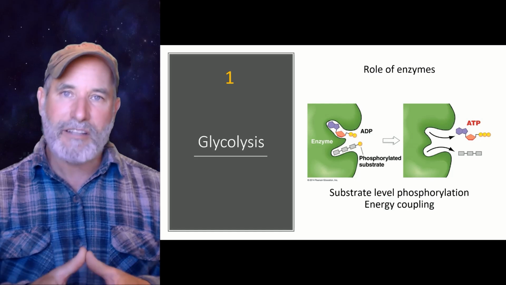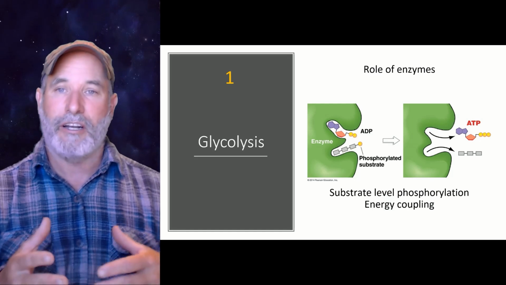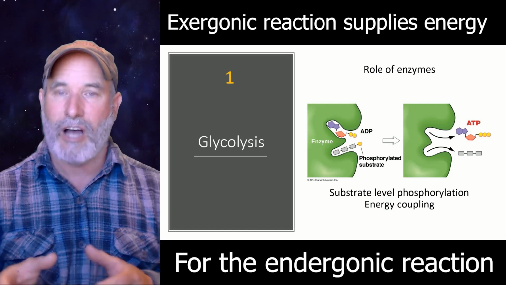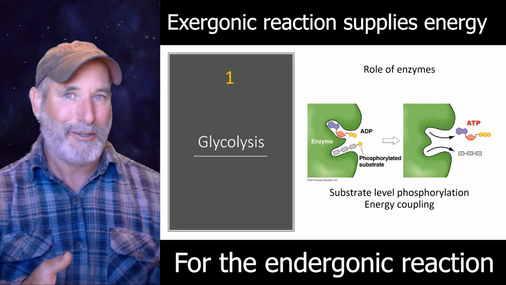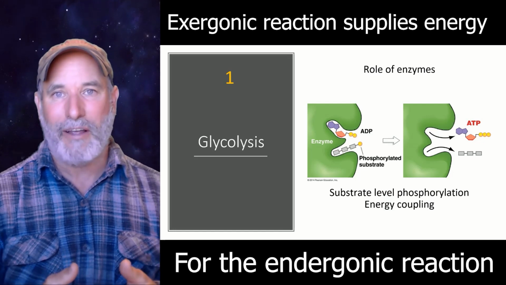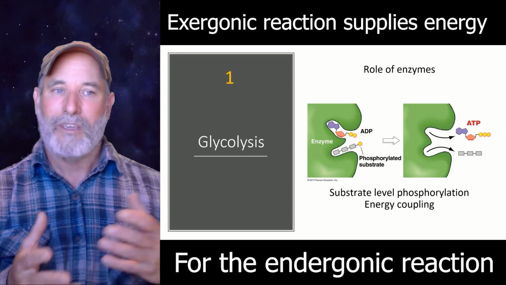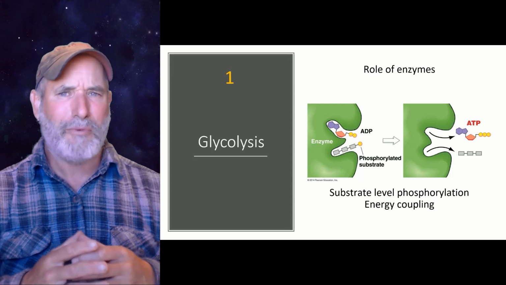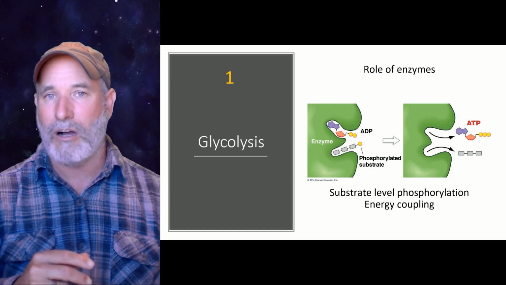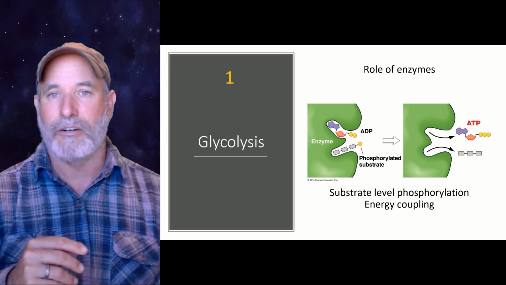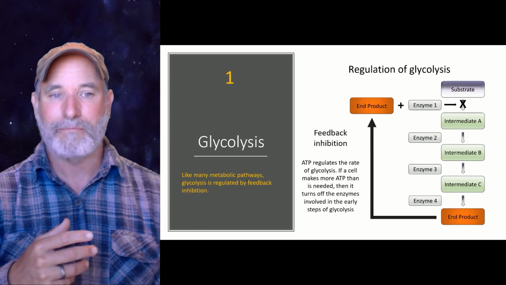The way it does that is what is called an energetic coupling. It couples an exergonic reaction, to break down a glucose, to an endergonic reaction, the phosphorylation of ADP, okay? So this is not exactly the most efficient way to make ATP, something that I will talk about at the end of this slideshow, or at the end of this video.